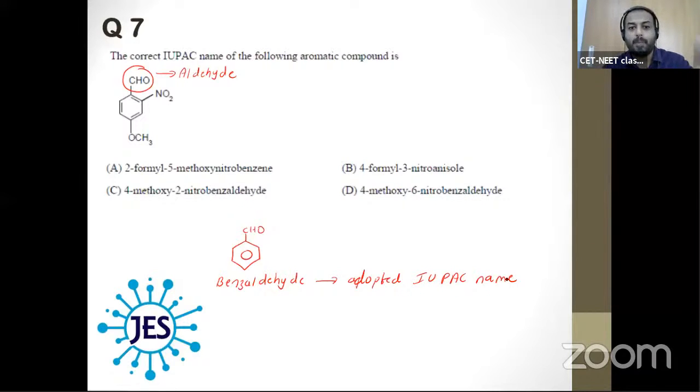All other compounds are named as derivatives of these compounds. So we should consider this as benzaldehyde attached to 2 substituents. This is nitro, and this is methoxy. See, an alkyl group with oxygen is methoxy. Nitro group and methoxy group.